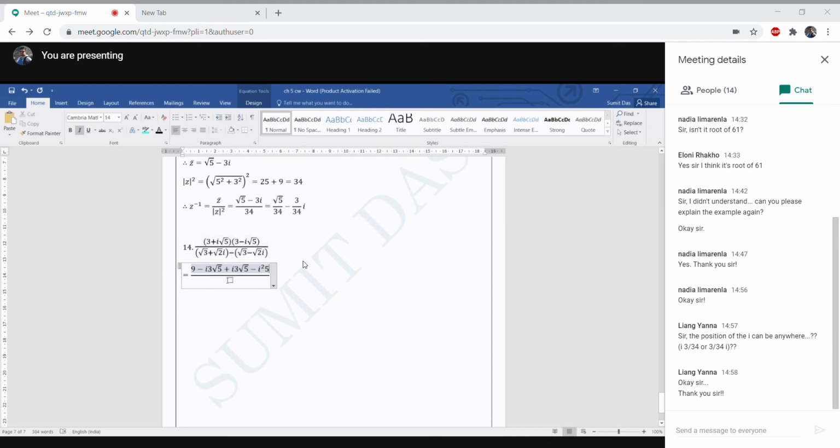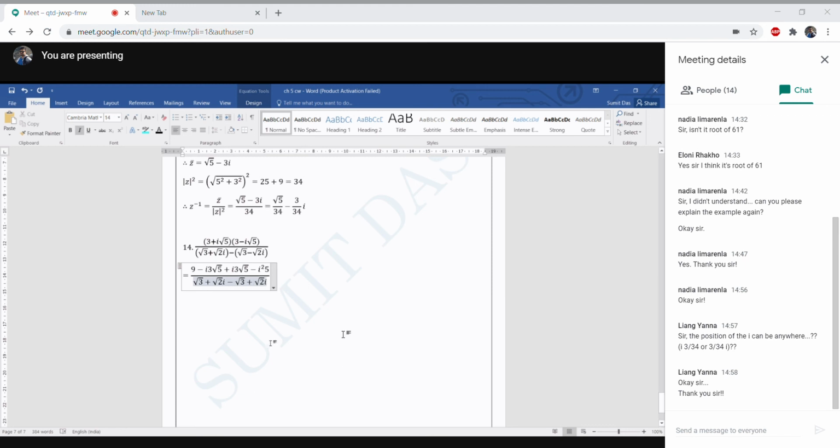So the denominator: if you open the bracket, it will be minus, here also a minus sign. If you open the bracket, minus root 3 minus will be plus.